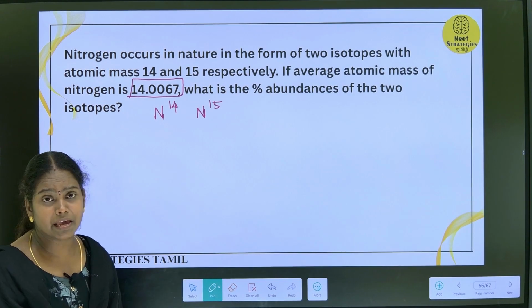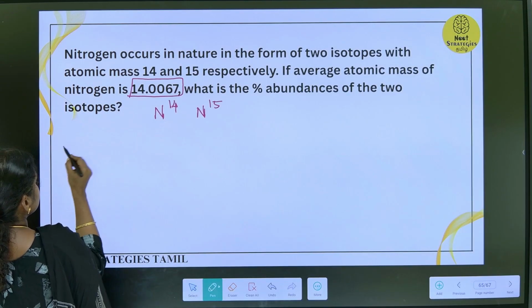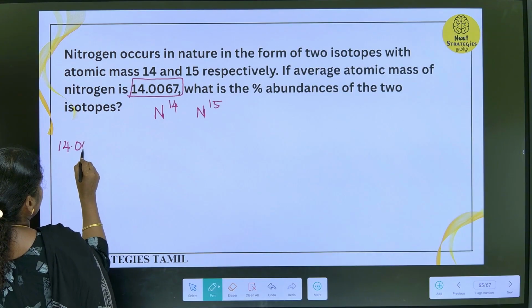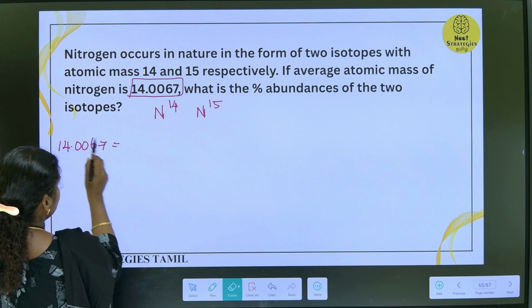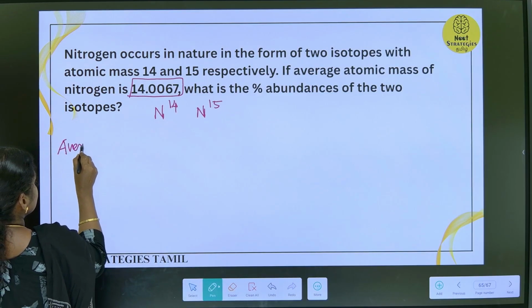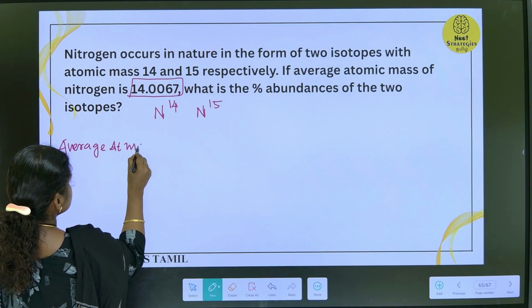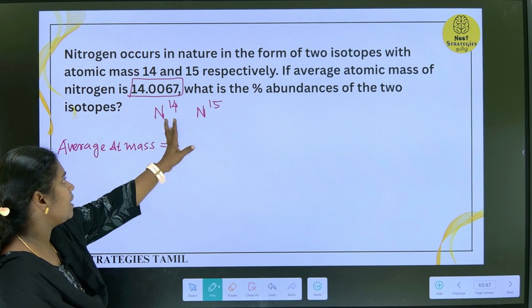They are asking for both isotopes, so we want to find out the percentage abundance. Average atomic mass, we substitute directly in this formula. Average atomic mass is equal to the two different nitrogen atoms, 14 and 15.